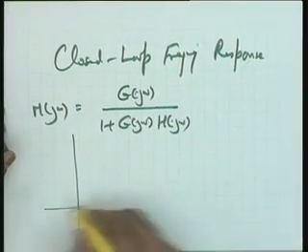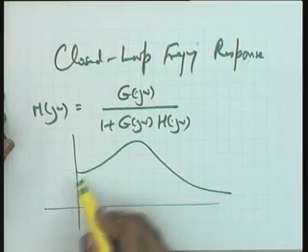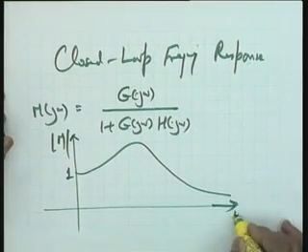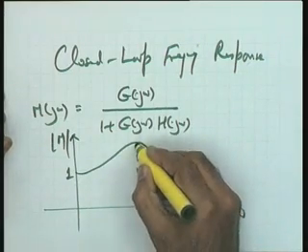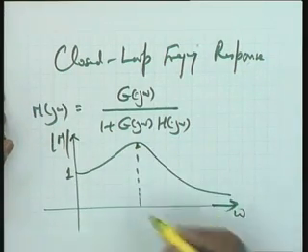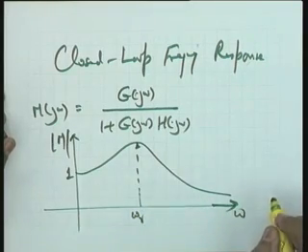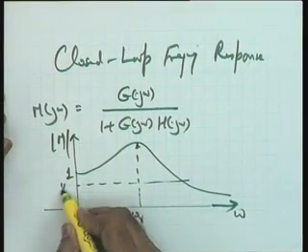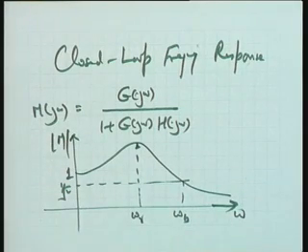If I have a typical sketch of this, as we concluded in our earlier discussion, this is my 1 here, this is M magnitude and this is omega frequency. So this is Mr, and the frequency at which it occurs is omega r, the resonant frequency. This is the resonance peak, and the value at which the magnitude is 1 over root 2 is omega b.